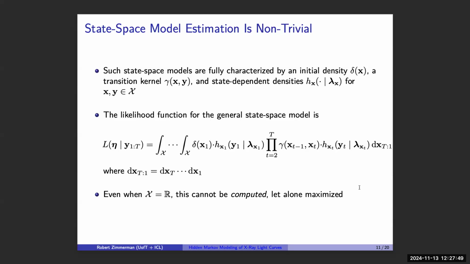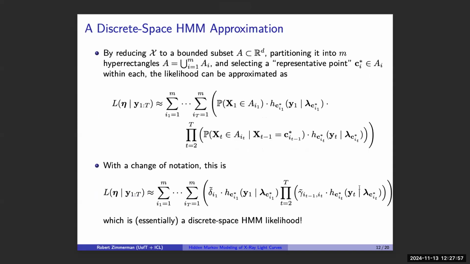So by upgrading to this more general continuous model, we run into some serious computational problems. Fortunately, there's a way to deal with that. There's a very clever way that was discovered, or at least published, in around 2011 or so. Essentially, we approximate that continuous space HMM with a discrete space HMM, just with a lot of states. Here's how we do it.